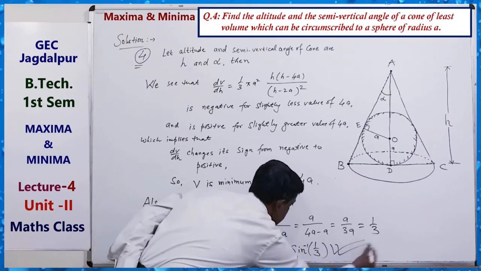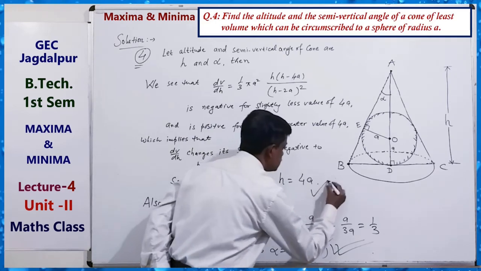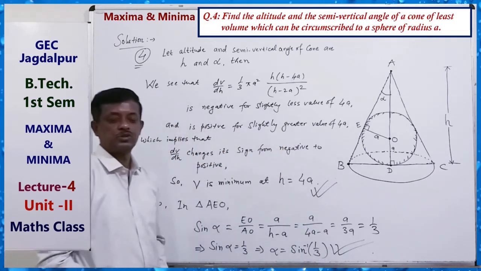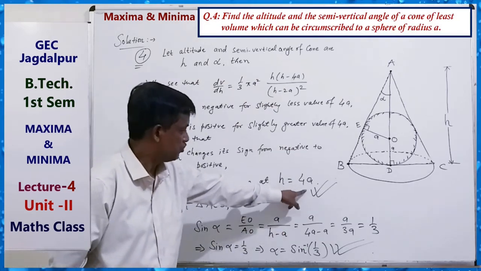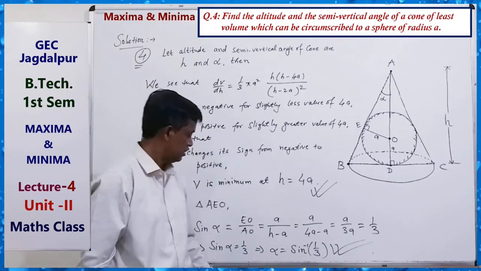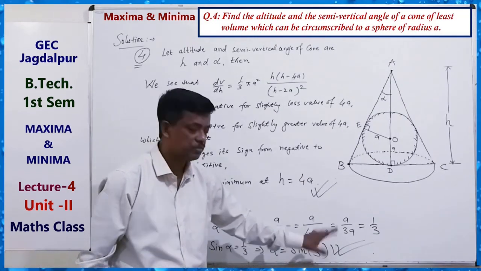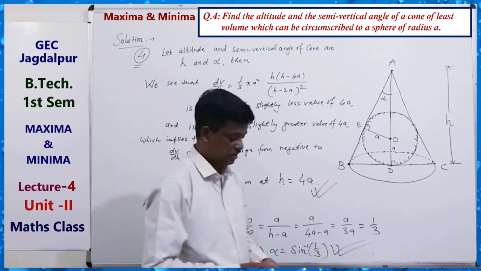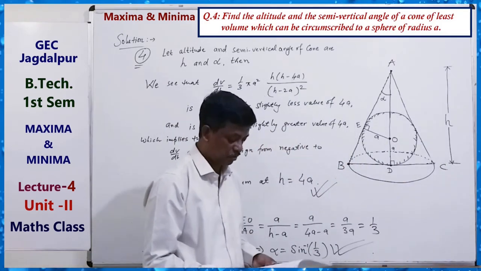So this is the semi-vertical angle and this is the height. So the height of the cone is 4a, where a is the radius of the sphere, and the semi-vertical angle alpha is sin inverse 1 by 3. So this is the solution of this practical problem.